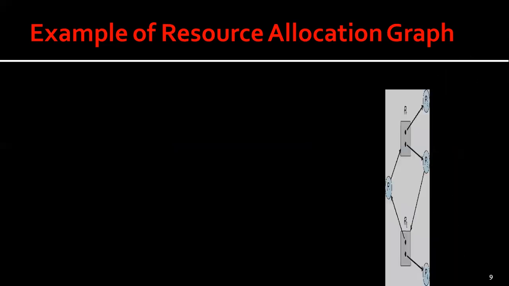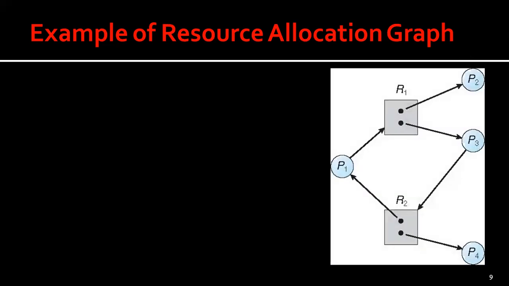Okay, so if we see here, process P1, P2, P3. This is also a deadlock, because process P1 is waiting for resource R1, which is being held by process P2 and process P3.